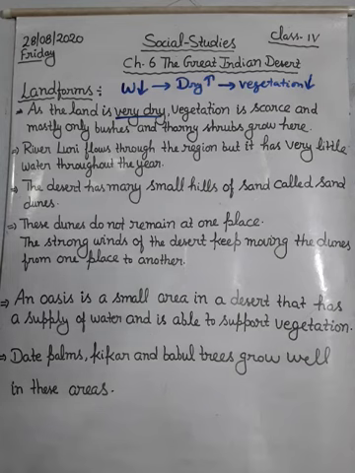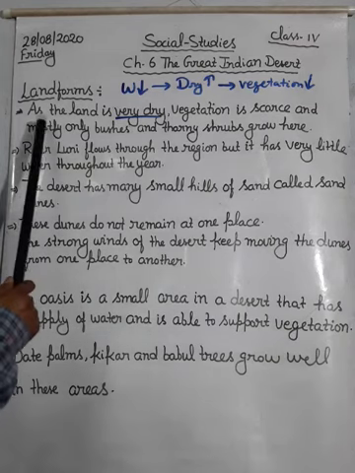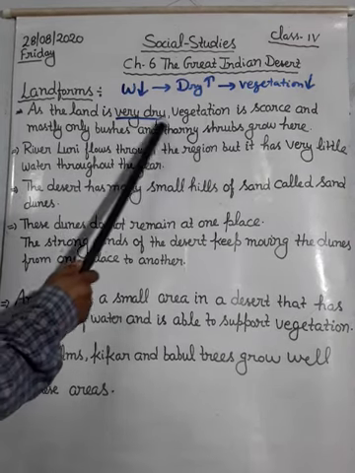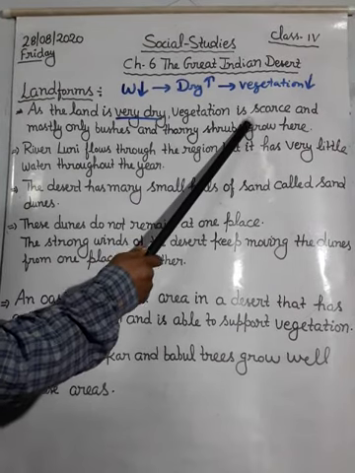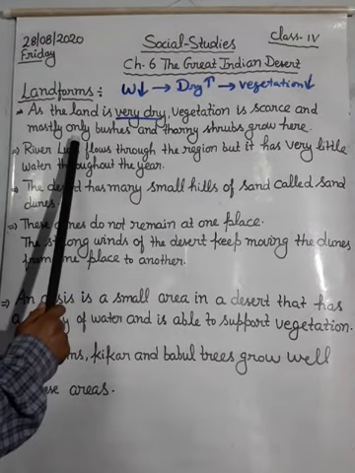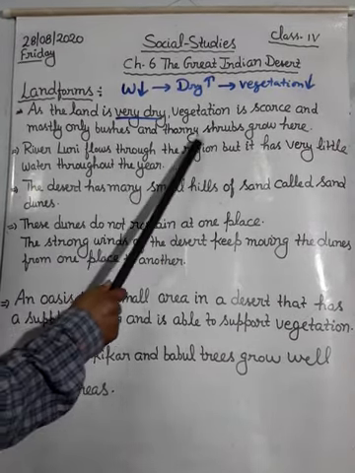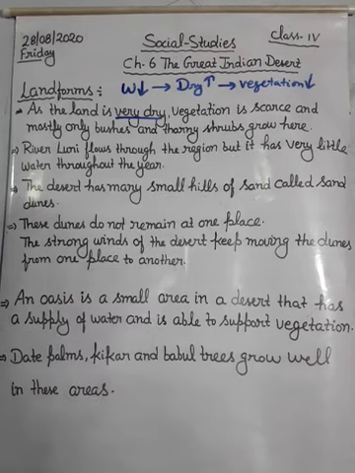As the land is very dry, vegetation is scarce, and mostly only bushes and thorny shrubs grow here.